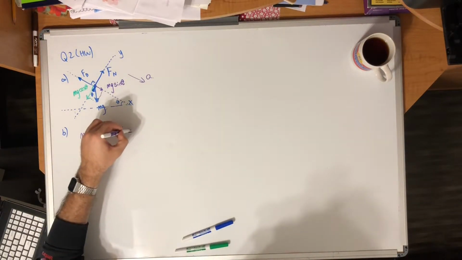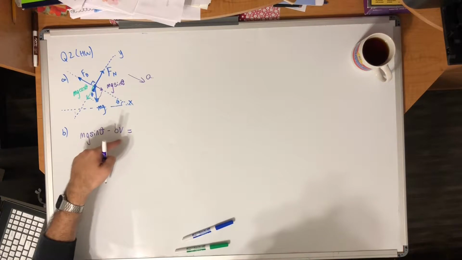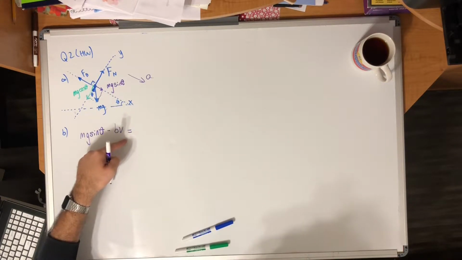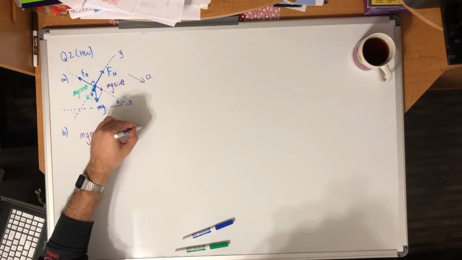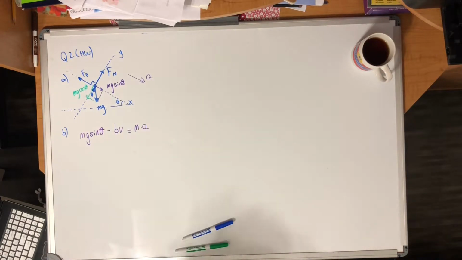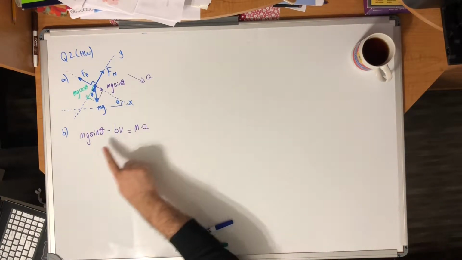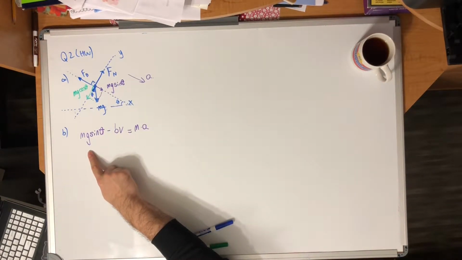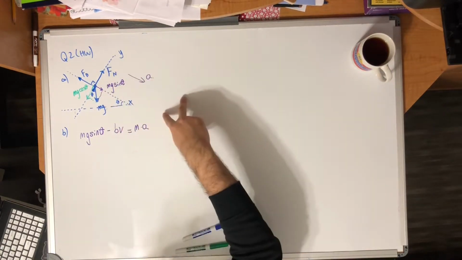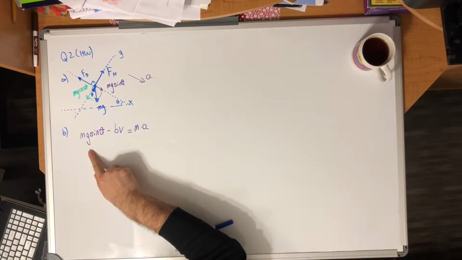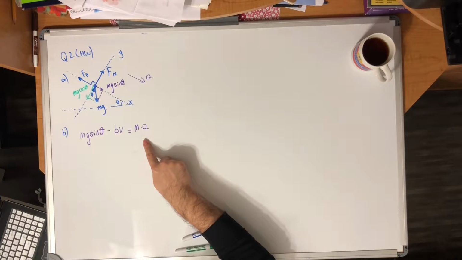So mg sine theta minus bv will be equal to what? Mass times acceleration. The sign of the acceleration and the sign of mg sine theta are going to be the same because they're going in the same direction. So I choose this guy as positive. This is going to be positive.